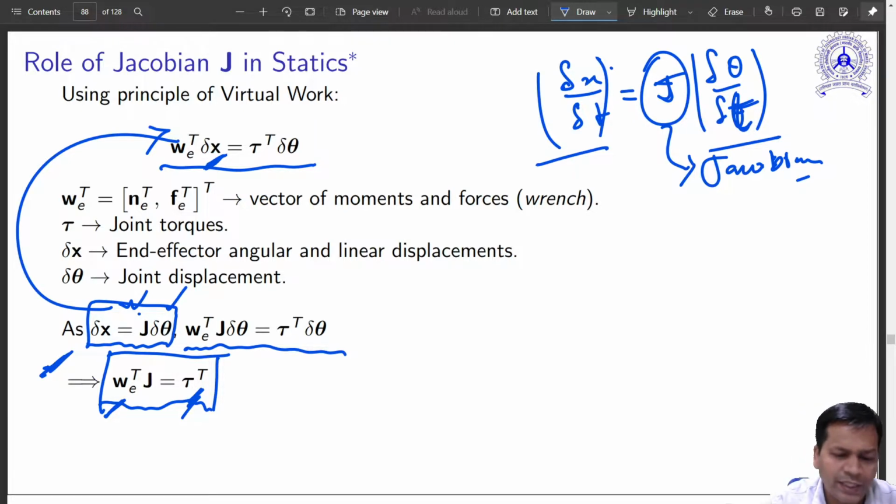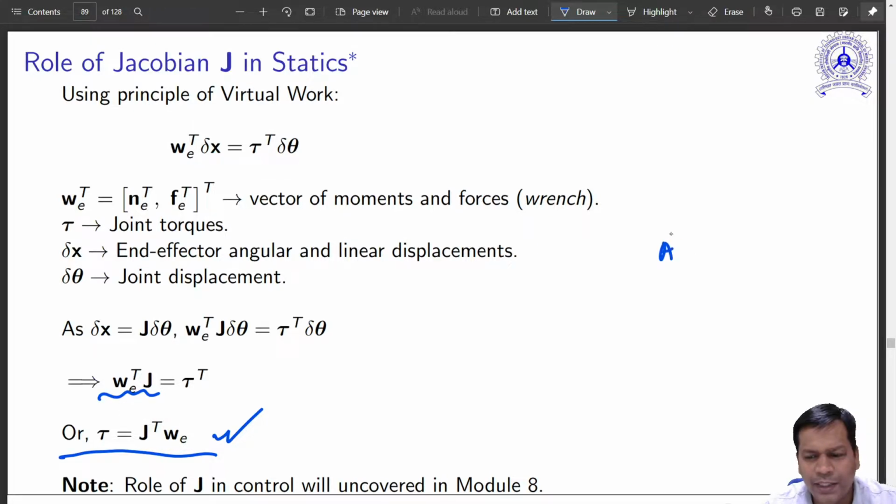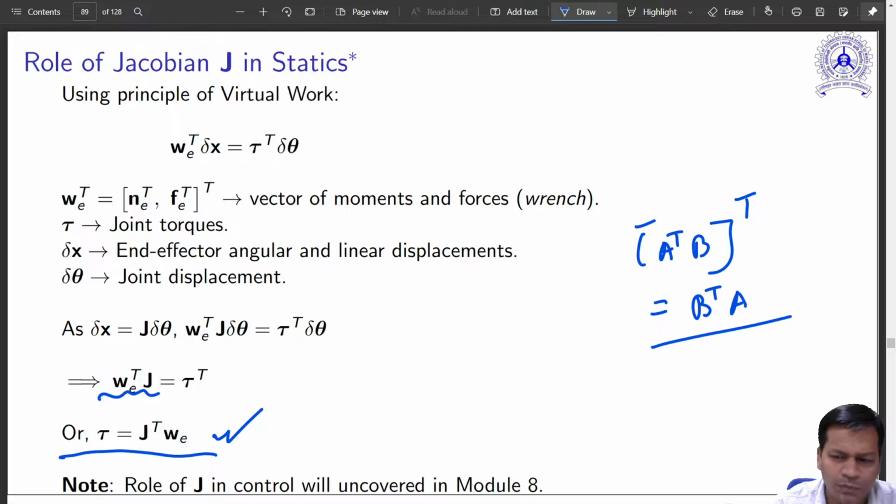If I take the transpose on both sides, I can write it like this. Hope you remember the transpose formula: (A B) transpose is equal to B transpose A transpose. So that is what is put here.